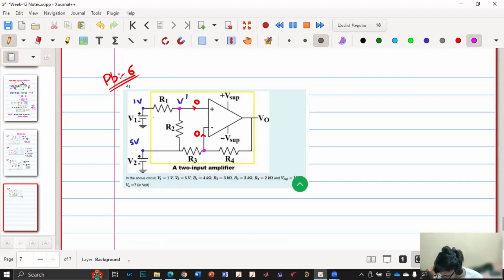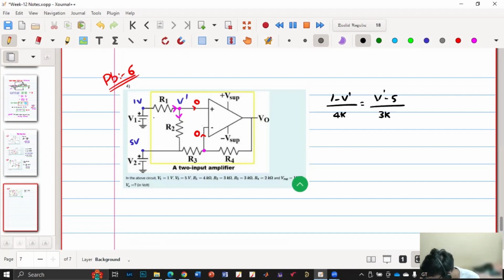So apply KCL. Current entering here will be equal to here, right? Agree? Yes. So if we apply KCL, we will get 1 minus V dash by R1, which is 4K, equals V dash minus 5 by R2. R2 is how much? 3K.